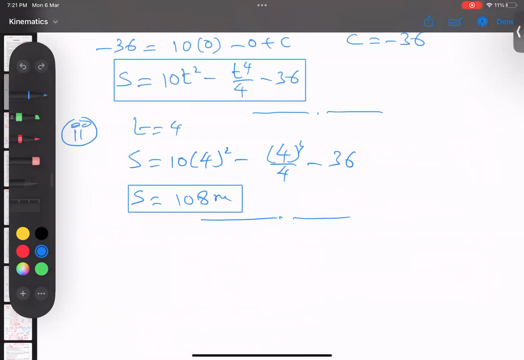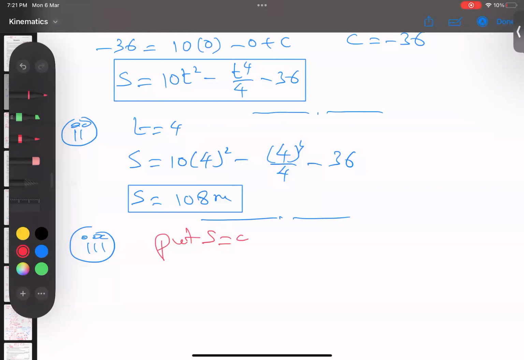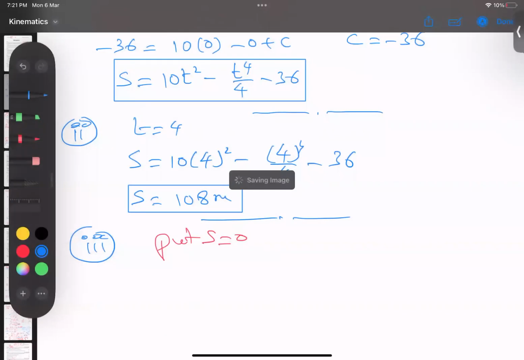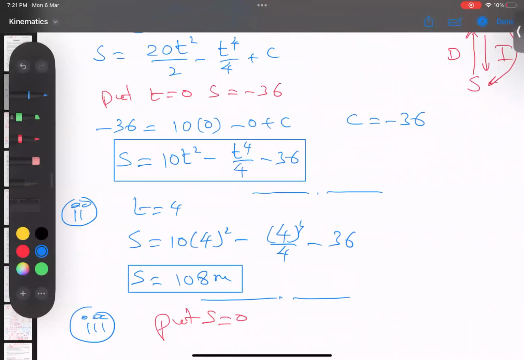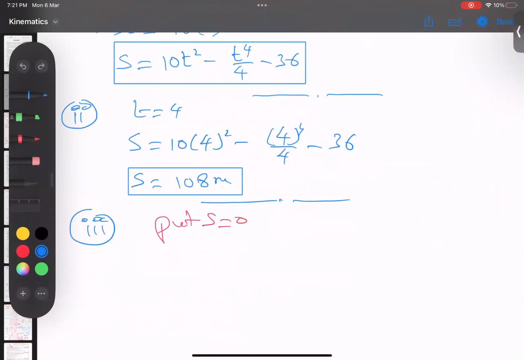So for part number 3, I will put S equal to 0. So 0 equals 10t to the power 2 minus t to the power 4 over 4, minus 36.